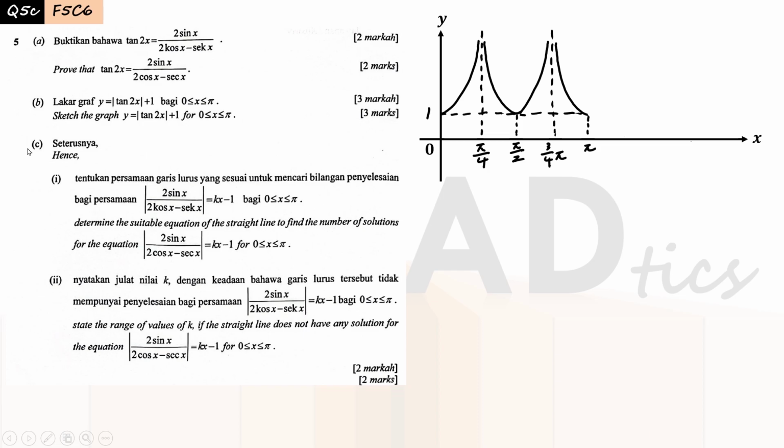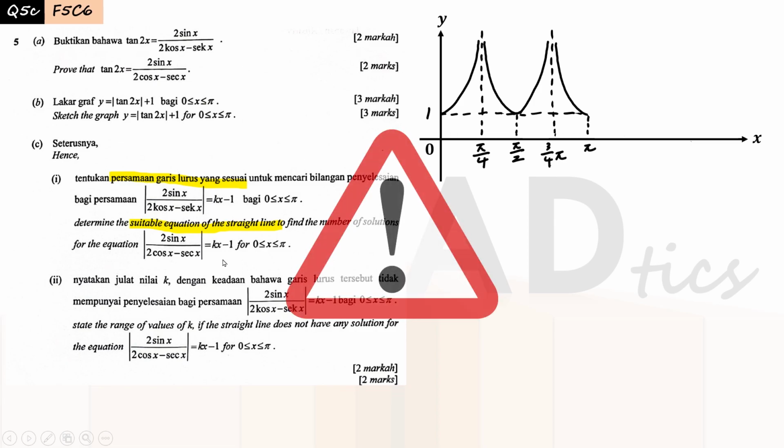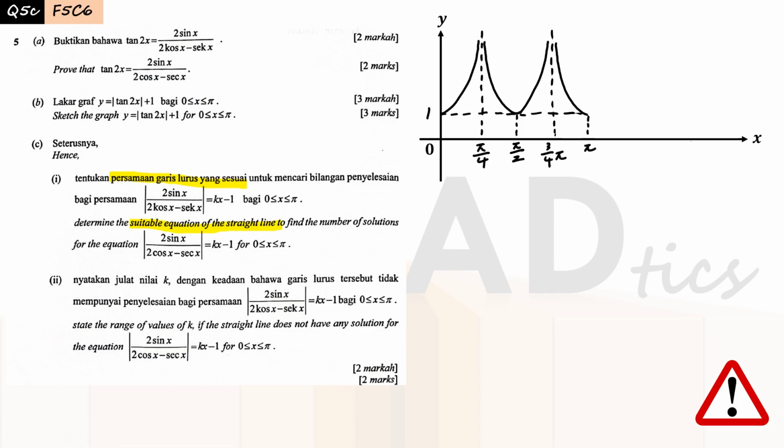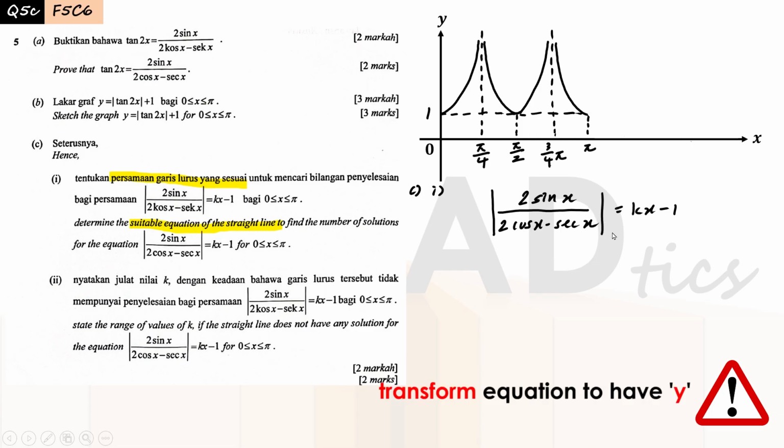And for the last part, essentially we are using the graph that we have drawn just now to solve some questions. For part 1, it says that we need to find a suitable equation of a straight line to find the solutions from this equation. This question tells us to transform this equation in a way that it must have the y.